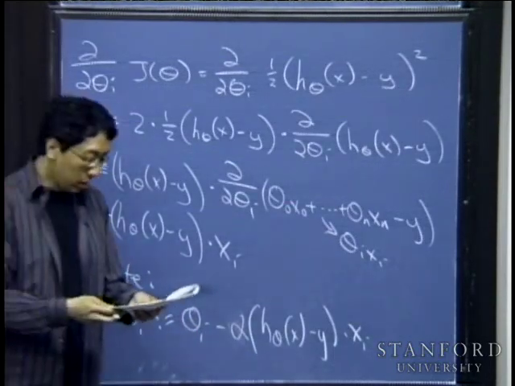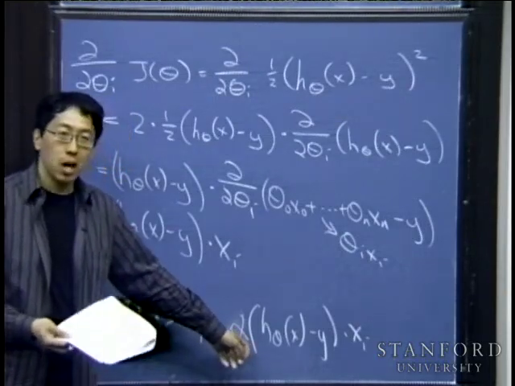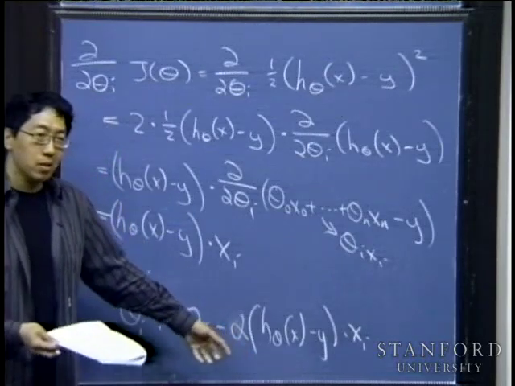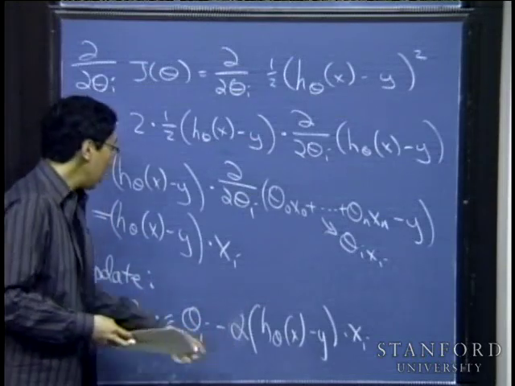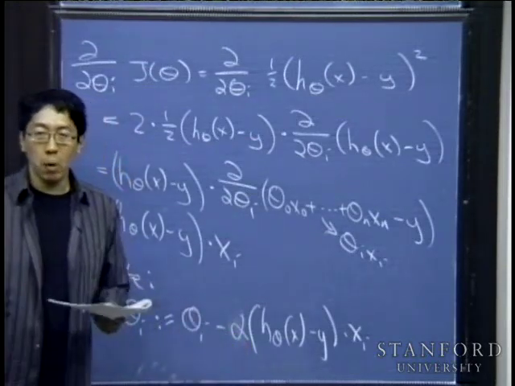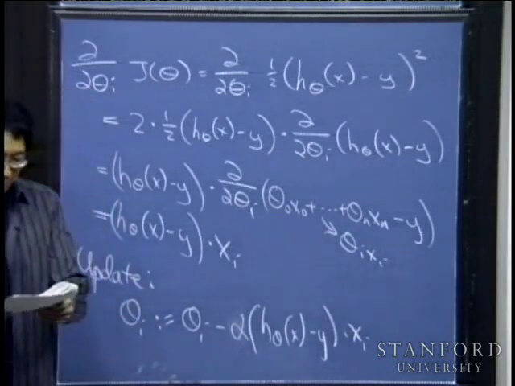This is a parameter of the algorithm that's often set by hand. If you choose alpha to be too small, then your algorithm will take very tiny steps and take a long time to converge. If alpha is too large, then it may end up overshooting the minimum if you're taking too aggressive a step.